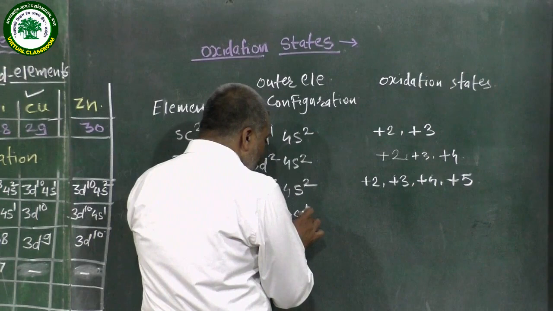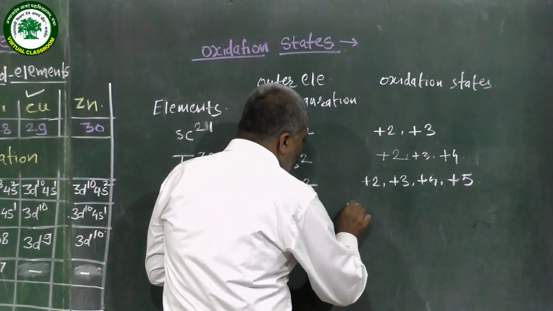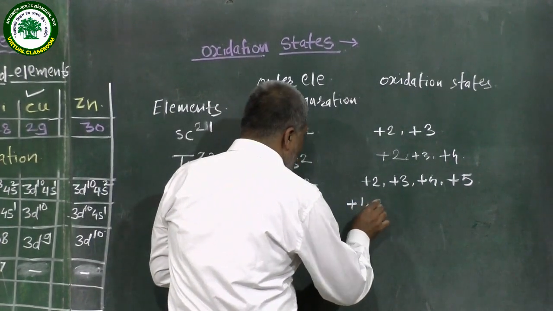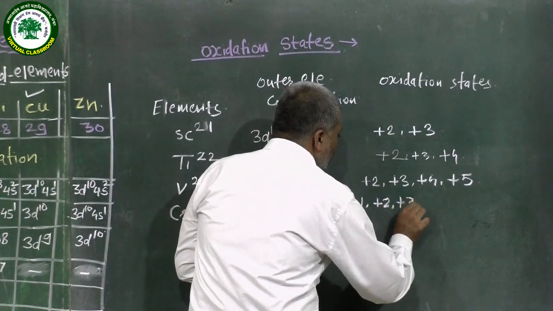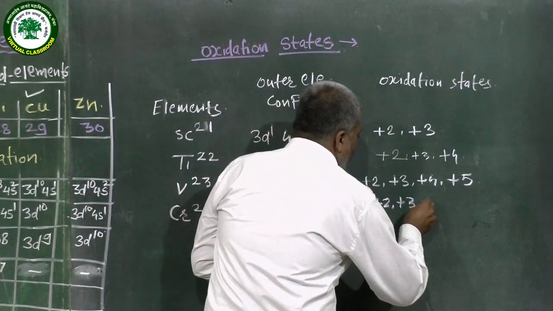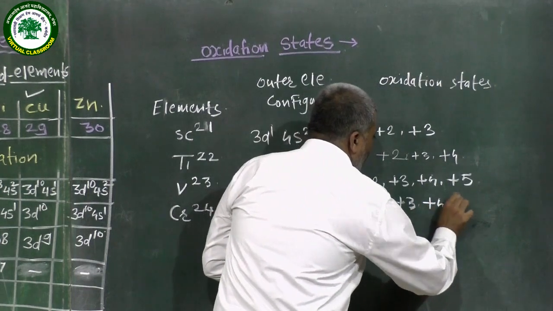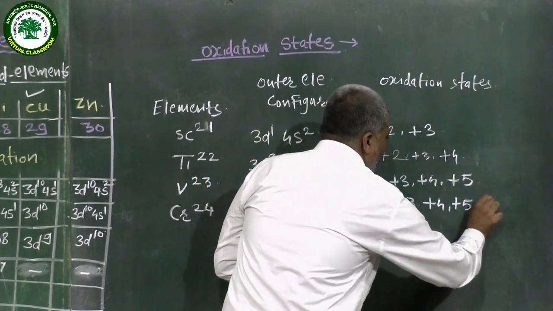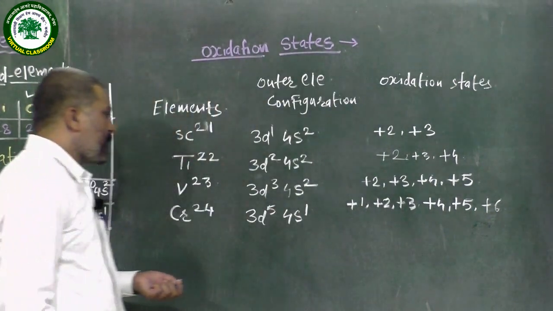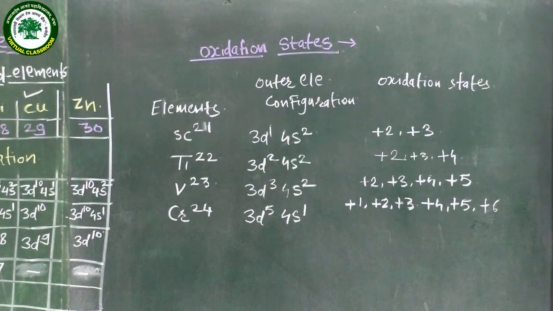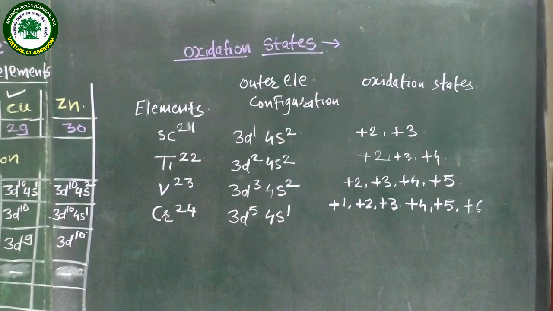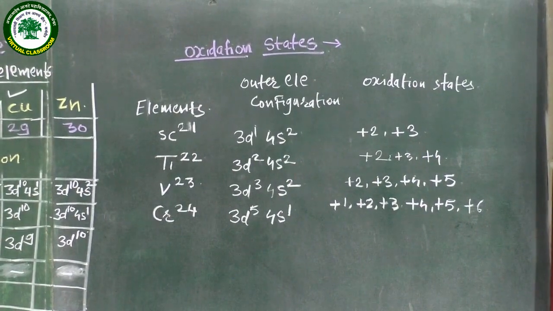When it loses one electron, it shows the +1 oxidation state, then +2, +3, +4, +5 and +6. Chromium shows oxidation states from +1 to +6.